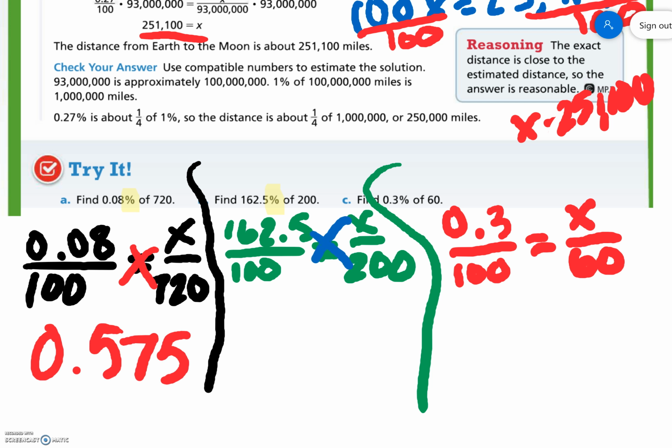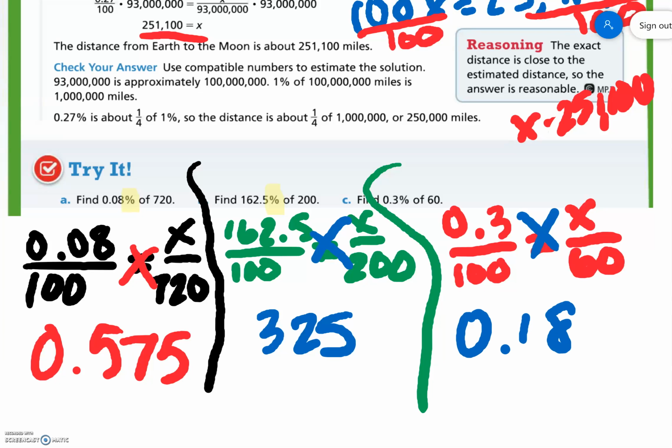Then again, cross multiply. 162.5 times 200 divided by 100 equals 325. Last one, 0.3 times 60 divided by 100 should equal 0.18.